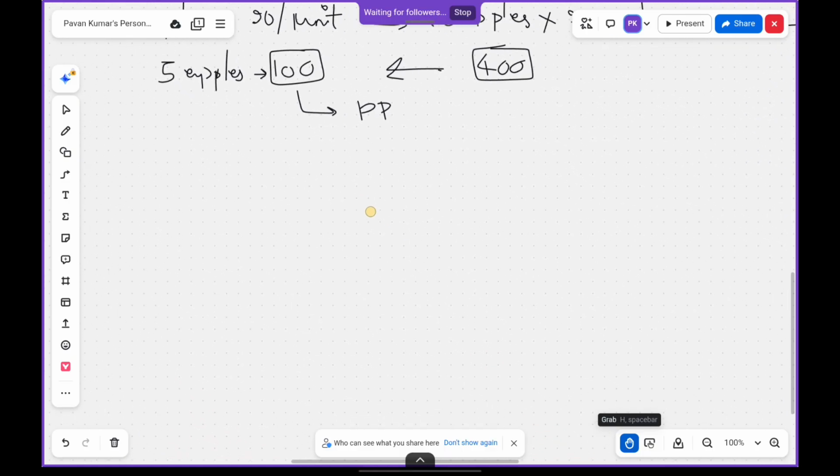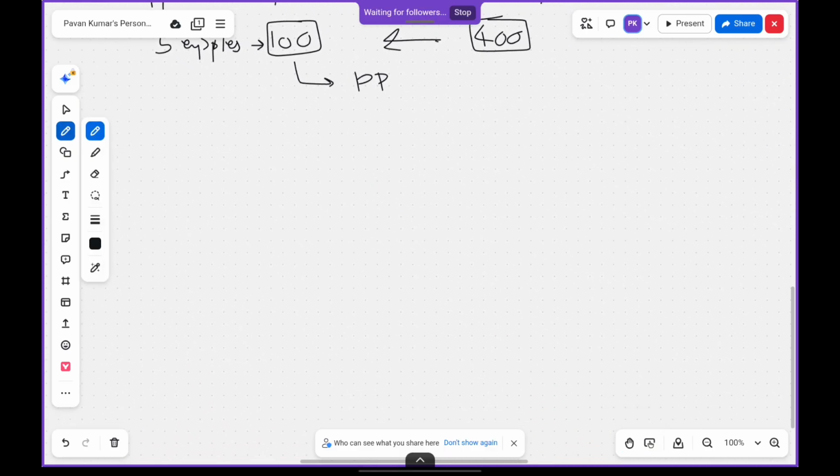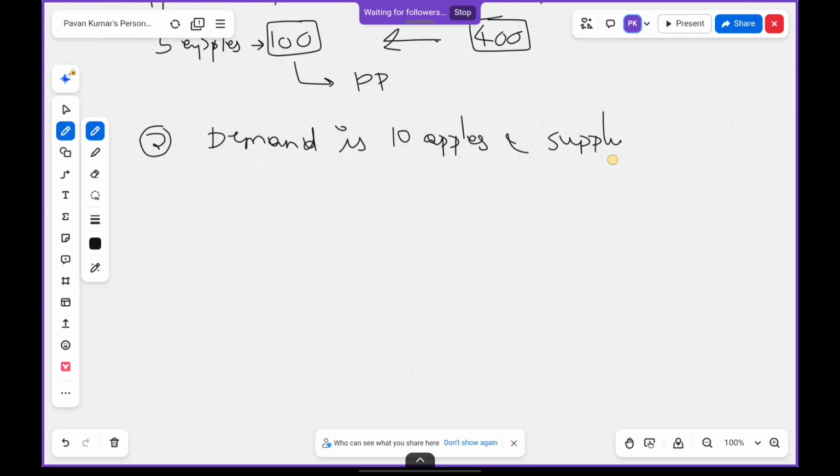All right, so let's discuss the second case now. Here the demand is 10 apples and the supply is 10 apples. What will happen in this case?